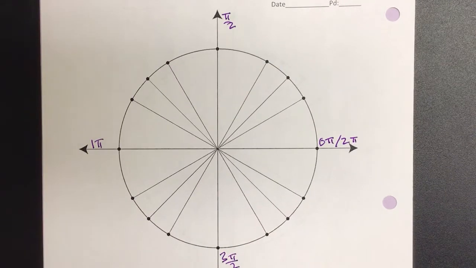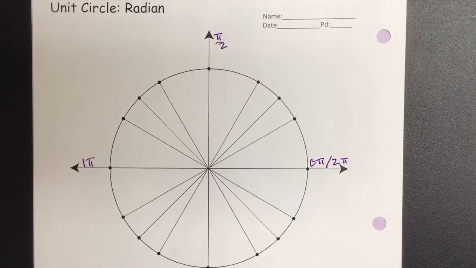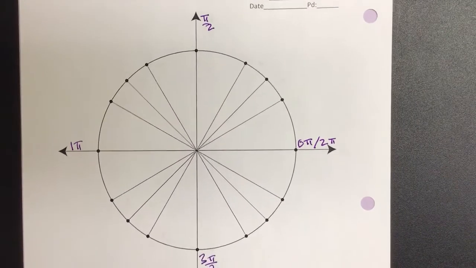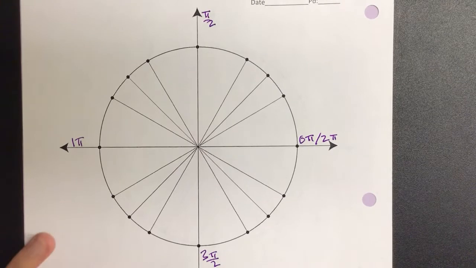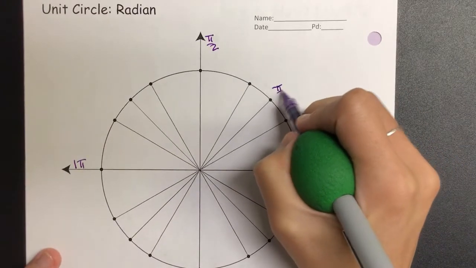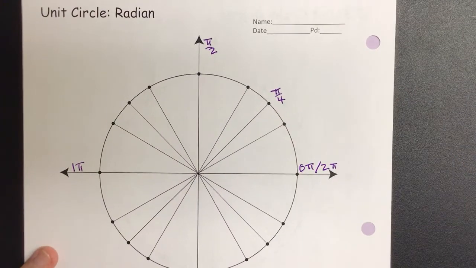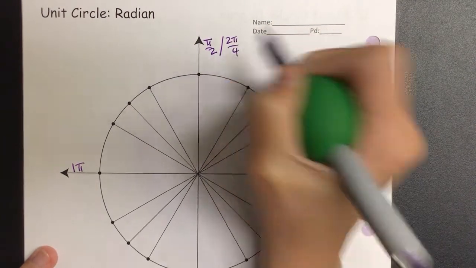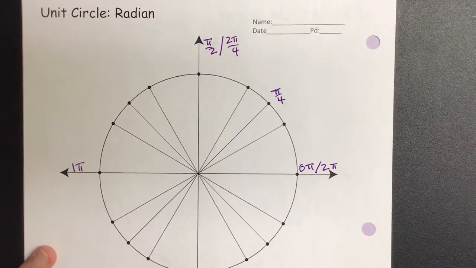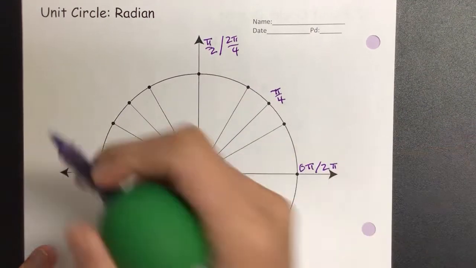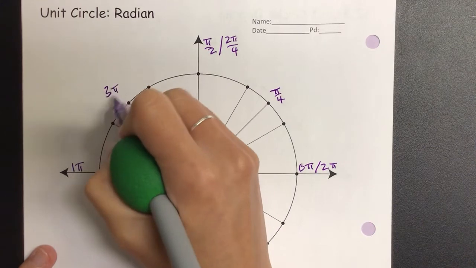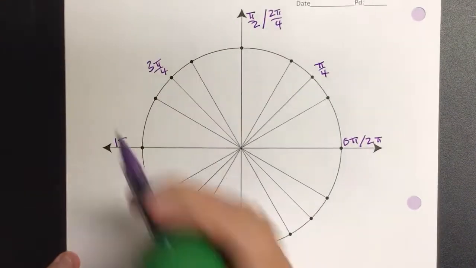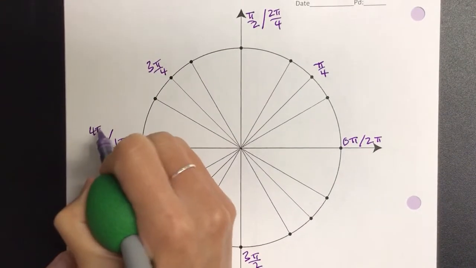So let's do what we did a while ago. The 45s. How do I represent 45? Pi over 4. So this is going to be pi over 4. And if I go again, this is technically 2 pi over 4. Is 2 pi over 4 same thing as pi over 2? Yes, it is. Again, self-check. So let's add another pi. 3 pi over 4. And then on here, we have 4 pi over 4.